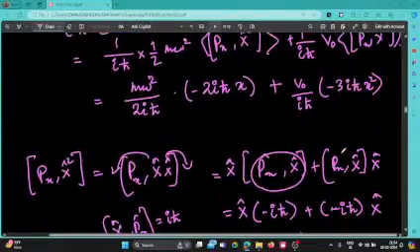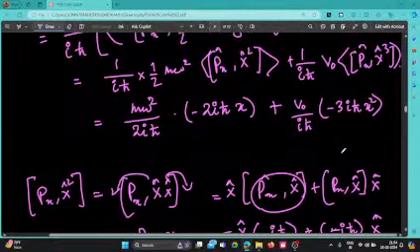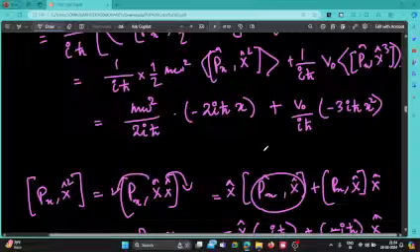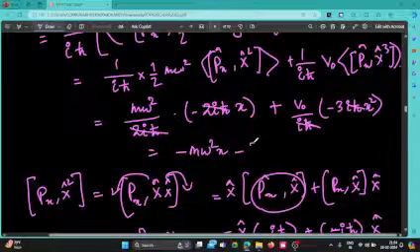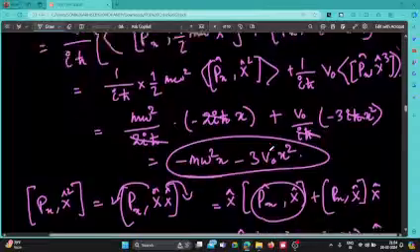Exactly here, but here the order is different, Px x, so there is a minus sign. So the 2iħ cancelled out, iħ cancelled out. So this will be minus m omega squared x, and minus 3 v naught x squared.